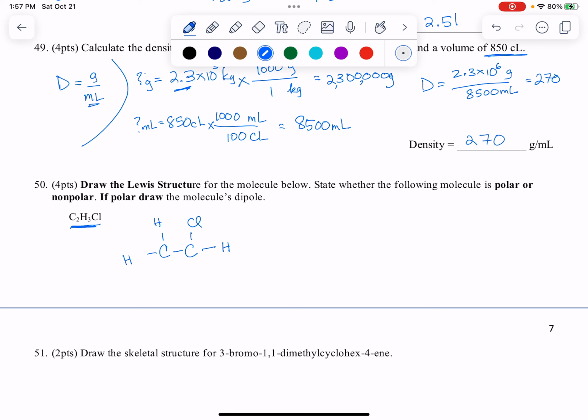If you count up valence electrons, this is going to need a double bond and lone pairs around the chlorine. And the fact that there is a chlorine on one carbon and not the other, chlorine is more electronegative than carbon and hydrogen. This is polar. The shape of the molecule is more kind of that way.